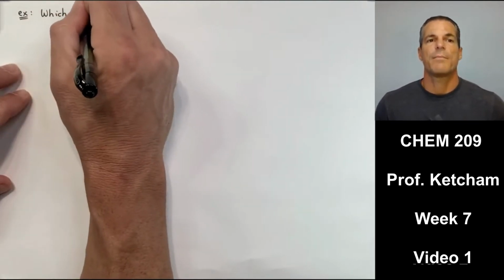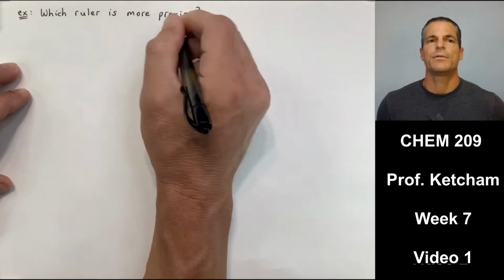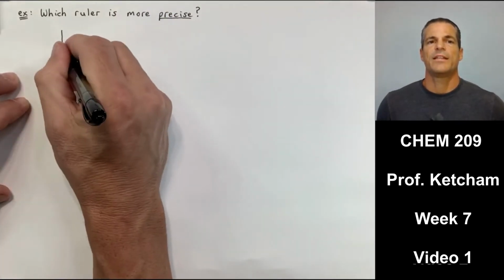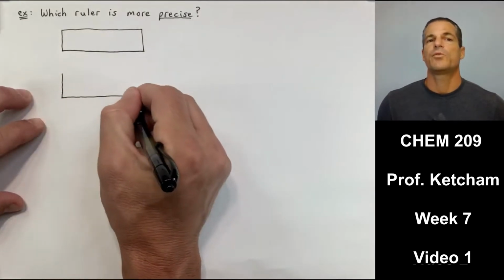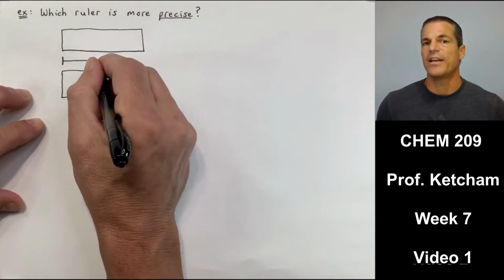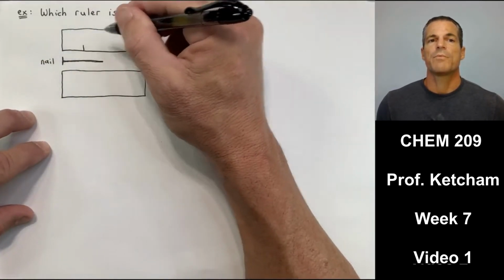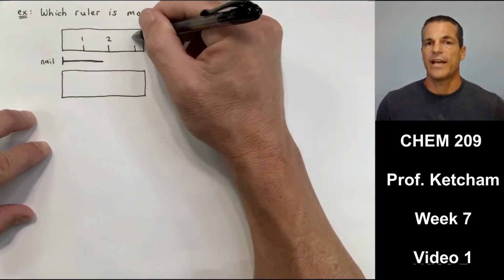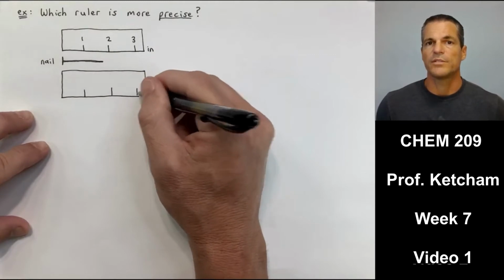Well, let's take a look at, I believe this is page 3 of our notes. Here's an example. It says which ruler is more precise. In between these two rulers, we have, I don't know, a pin or a nail. I guess I'm calling it a nail here, okay? Well, our measurement, what we record and write down as our measurement in inches, depends on which ruler we're using.